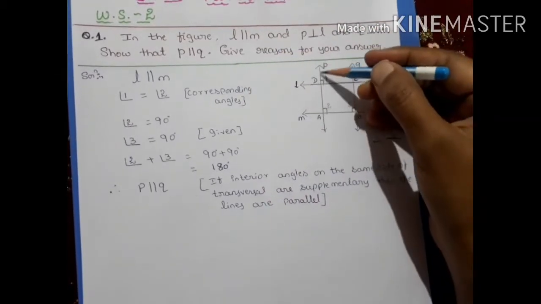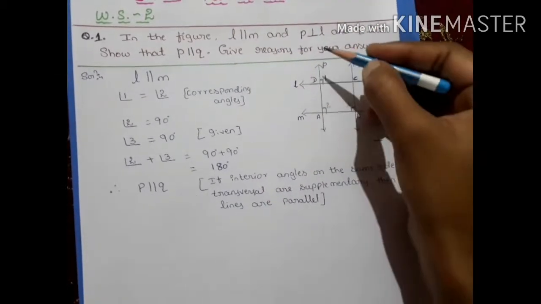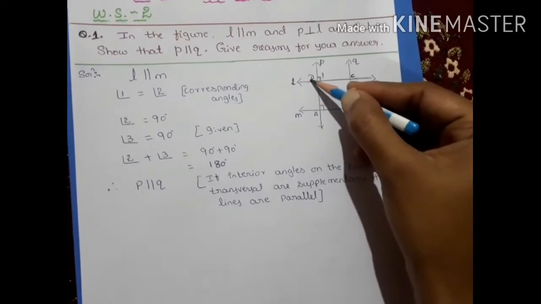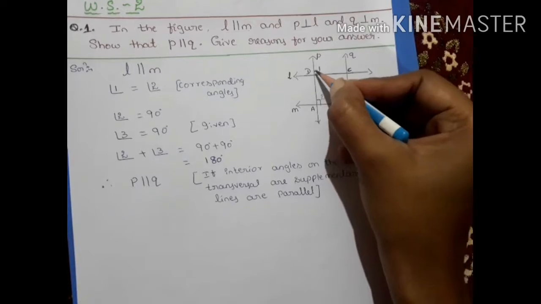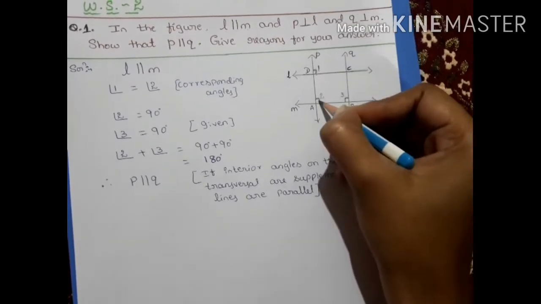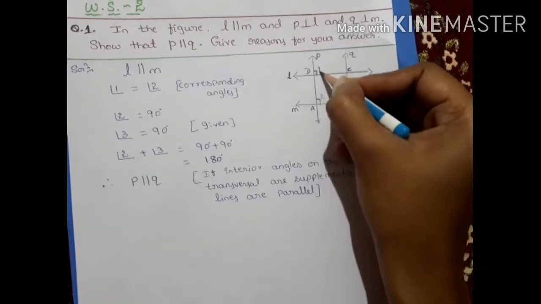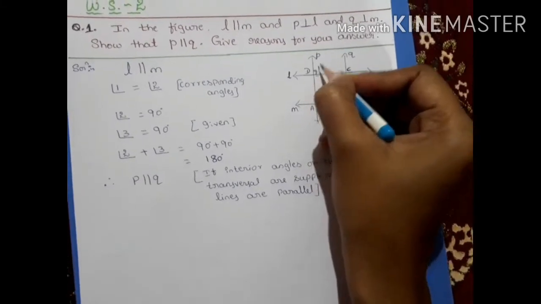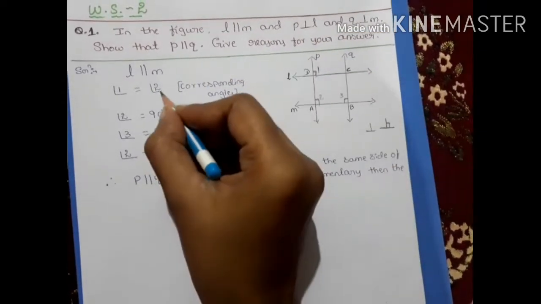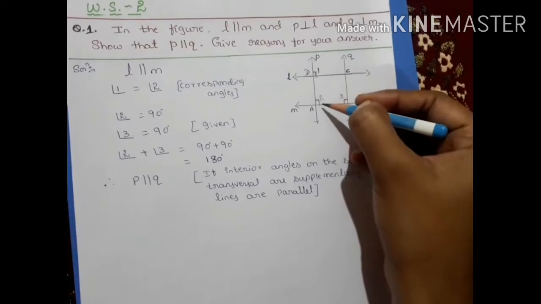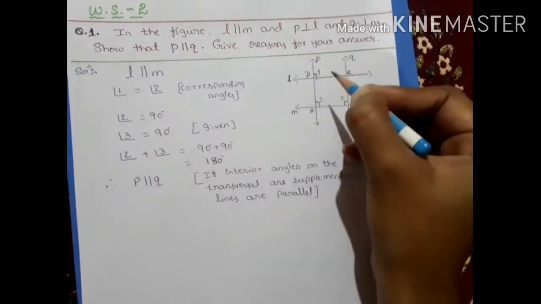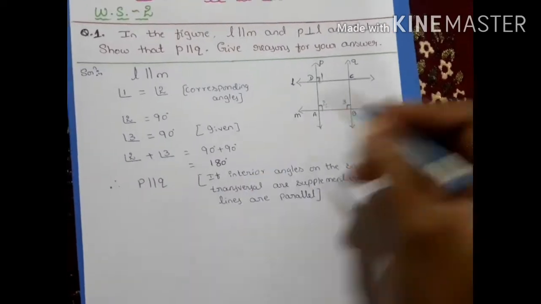P perpendicular to line L, if you extend this line, acts as a transversal for lines L and M. Then angle 1 and angle 2 make corresponding angles, and these two are always equal. Angle 1 forms 90 degrees, so angle 2 is also 90 degrees.